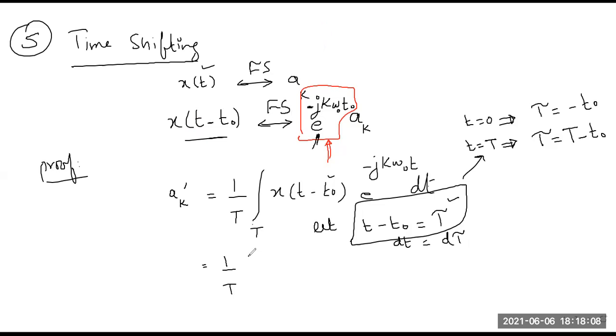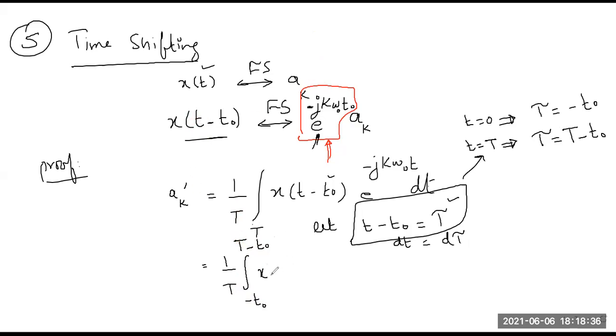So the lower limit with respect to tau is minus t naught, and the upper limit is capital T minus t naught. You can easily verify that upper limit minus lower limit is equal to capital T. So again, we are integrating over one period of the signal.